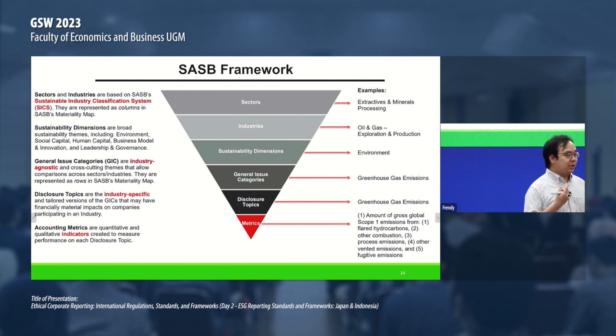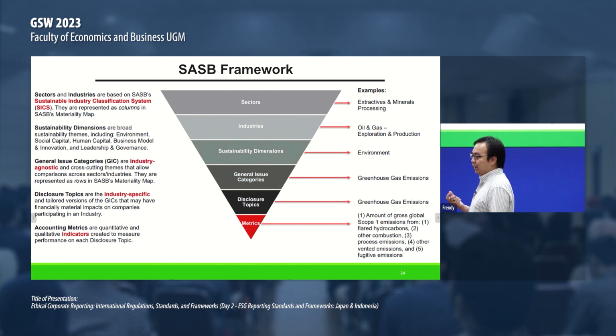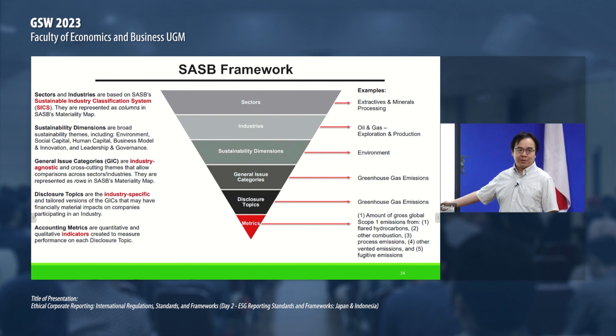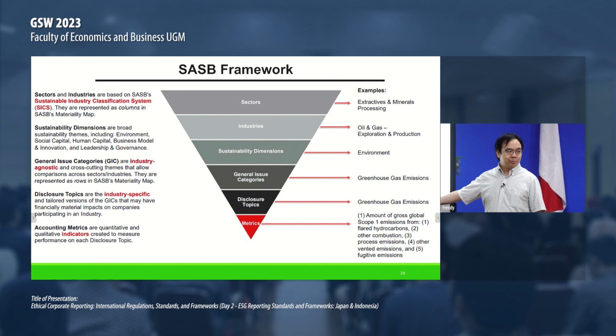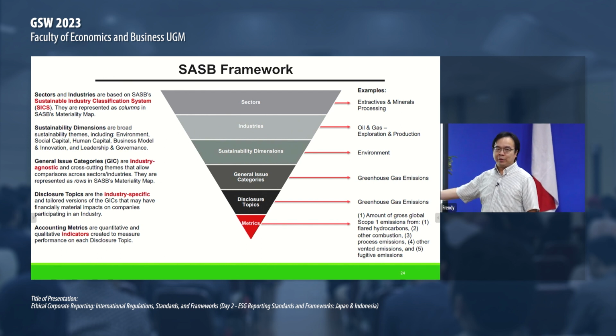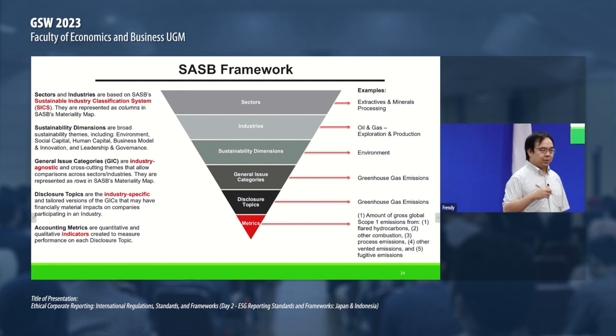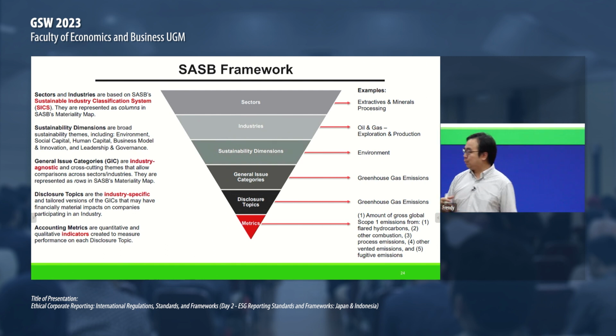So that information is specifically tailored to this oil and gas industry, okay? If you look at this, what are flared hydrocarbons? People outside of oil and gas will not understand this, okay? So these disclosure items are tailored specifically to the industry.